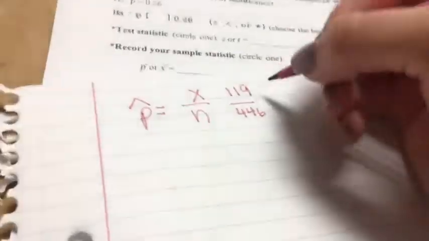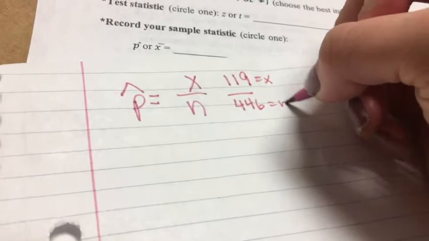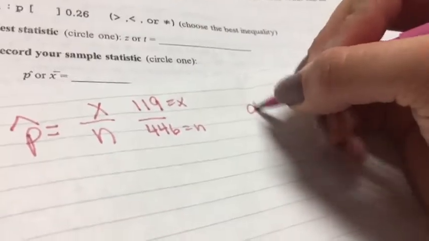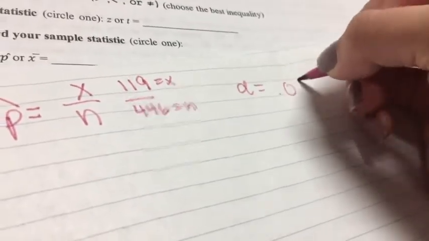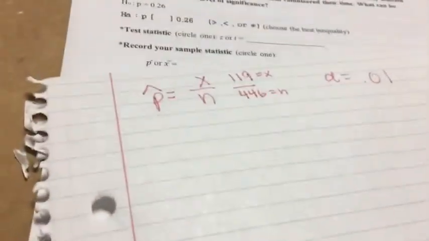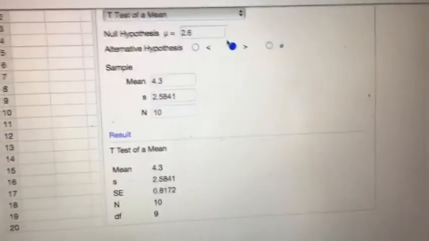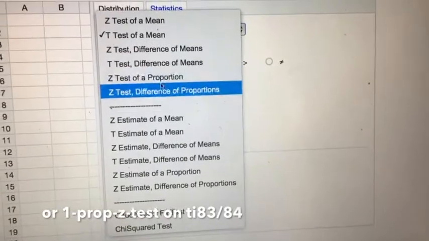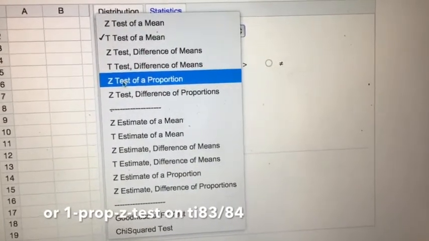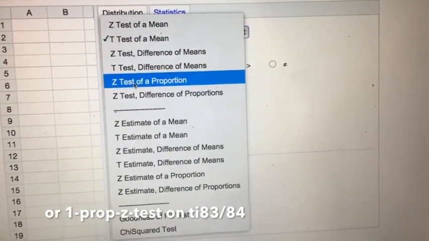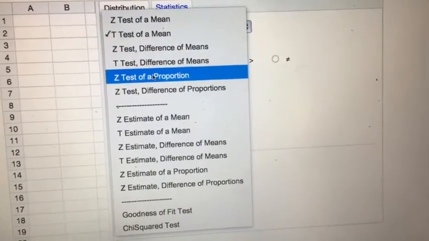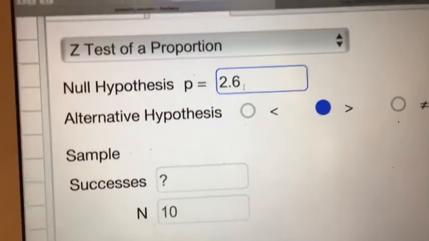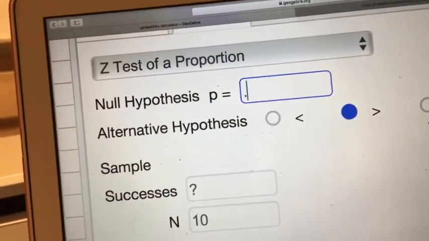And now that I have my X and my sample size, oh, and then it's telling me that I'm using a 0.01 level of significance, I'm going to plug this into GeoGebra. And like I said, a proportion is always going to be using a Z. And since I'm working with a proportion, not means, I'm going to be using this test right here. And now I'm just going to set this p equal to my 0.26.